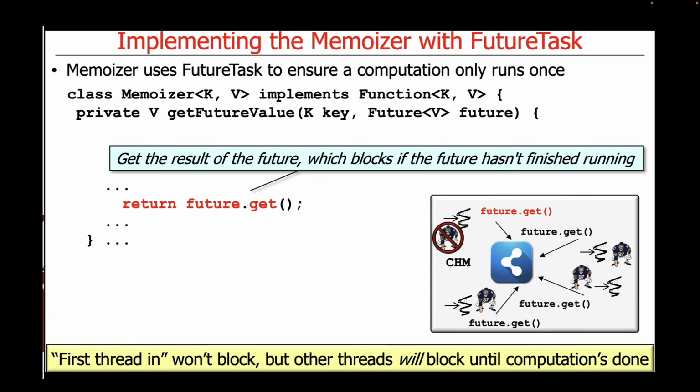So just to reiterate, the first thread in won't block because it's off doing the computation. Well, it'll block for the computation, but once the long-running computation is done, it'll then continue on. It will not block here because it's finished. And the other threads will block until the first thread completes the computation.